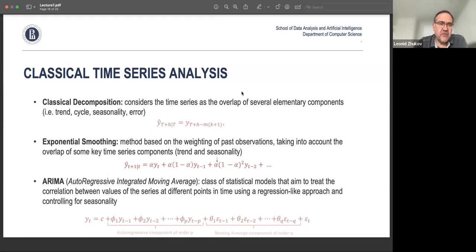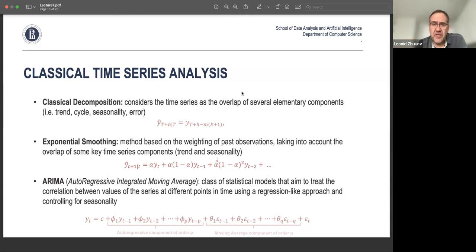A more interesting, more powerful method, and actually very well known in statistics and econometrics, is ARIMA, which is autoregressive. Again, autoregressive means you're predicting future values from past values of the same variable. Integrated moving average: moving average means you have a sliding window that you move through the data.